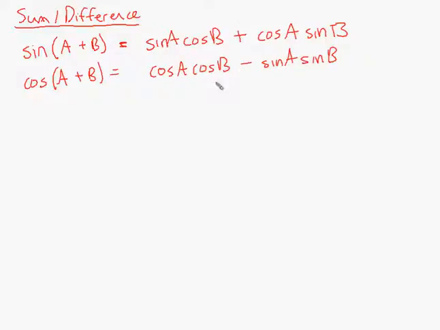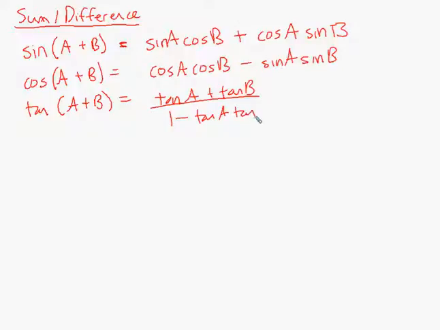If you write them each time you use them, that will definitely help. And finally, tangent of A plus B equals tan A plus tan B over 1 minus tan A tan B, like this. So those are our sum formulas.